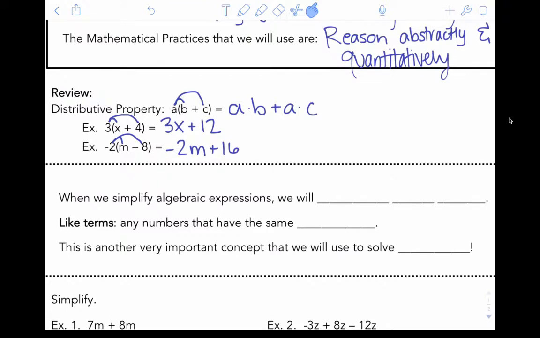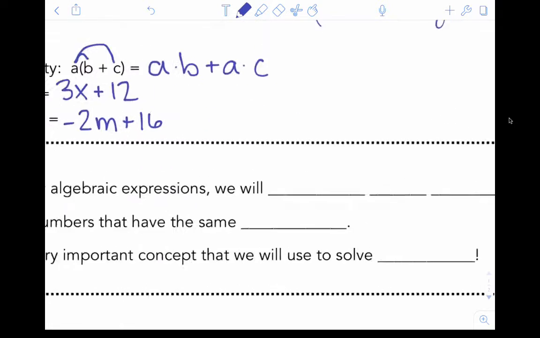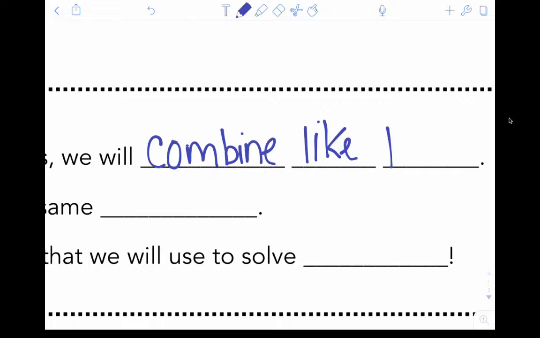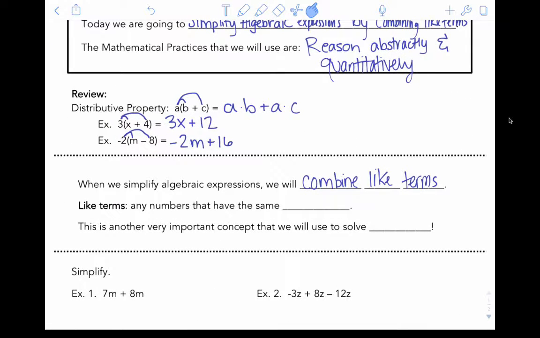All right, so when we simplify algebraic expressions, like we said in our objective statement, we are going to combine like terms. Just a reminder, because it might have been a while since you've gone over this.